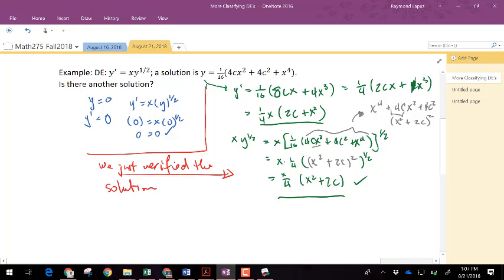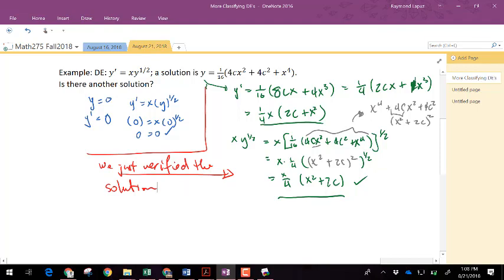So all we did here is we verified that this is in fact the solution to the differential equation. You know how in algebra you solve for x, and then we don't do this anymore because we're all grown up, but we used to take our value for x and plug it back into the original equation to check if it's correct. So we're verifying the solution. That's exactly what we're doing here. And you're going to be doing this for a little while before you start solving your differential equations, but just verifying the solution.